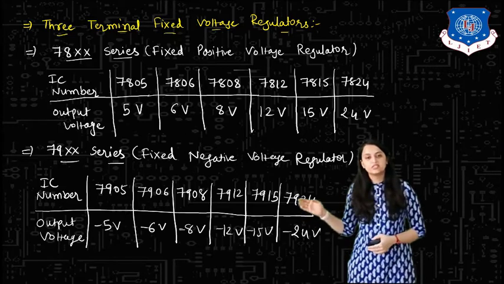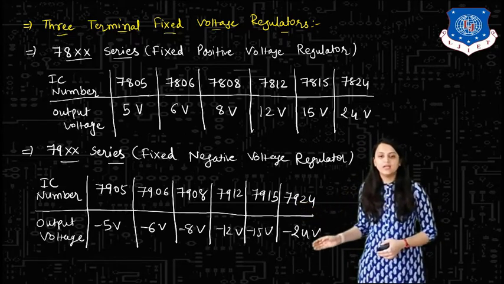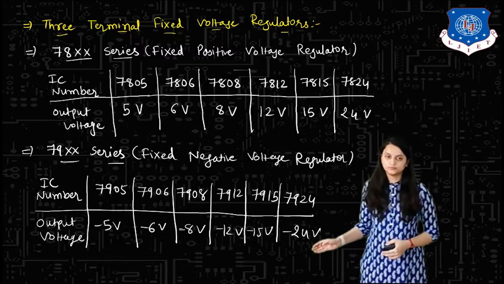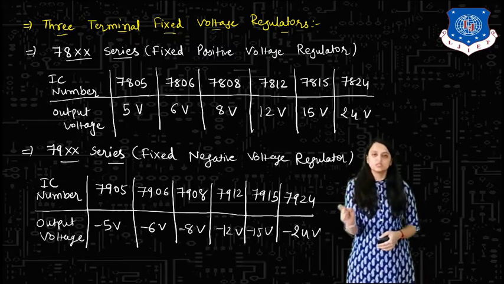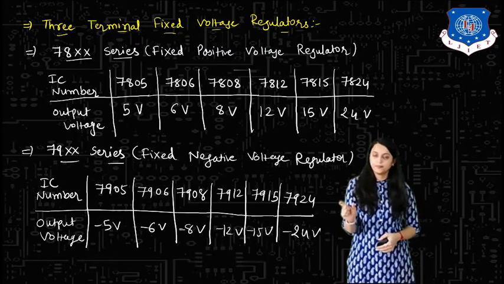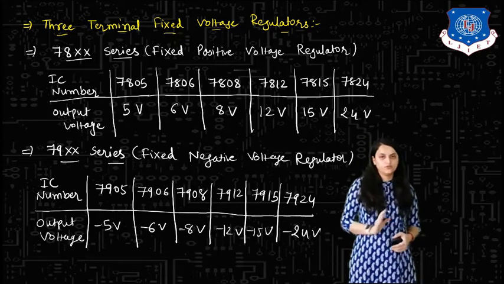That means IC number 7924 gives minus 24 volts as the output. So in short, the 78XX series will give the positive output voltage, that is fixed, and 79XX will give negative output voltage, that is also fixed.